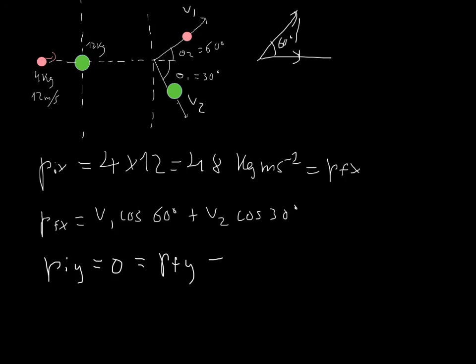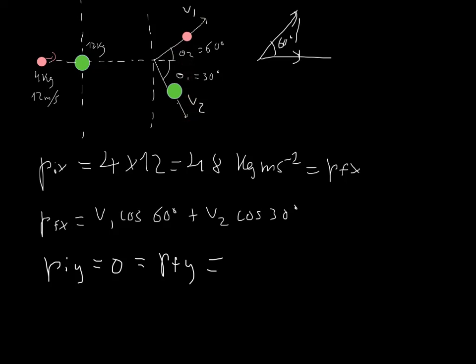And how are we going to get the final momentum in y? Well, the same way we got the x momentum, but this time, what do we need to use if we want to get this component? Sine or cosine? I hear sine. Yes, the sine. So this has to be equal to v1 times the sine of 60, and this one will be equal to v2 times the sine of 30.